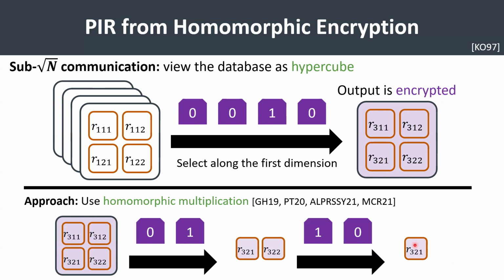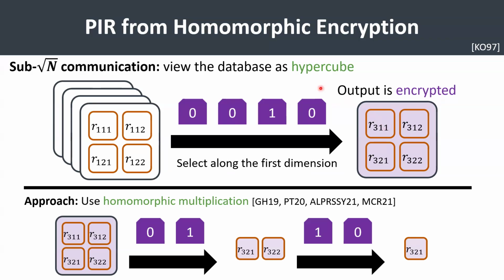So just by doing this, we can actually achieve communication that's cube root of n with a cube, and more generally, polylogarithmic in n if we have log n layers. So we have a hypercube of dimension log n. Now we can actually just project, and extract the element we're interested in.